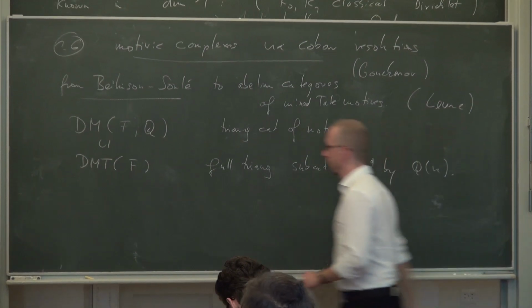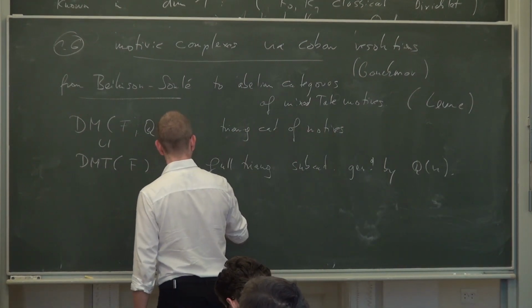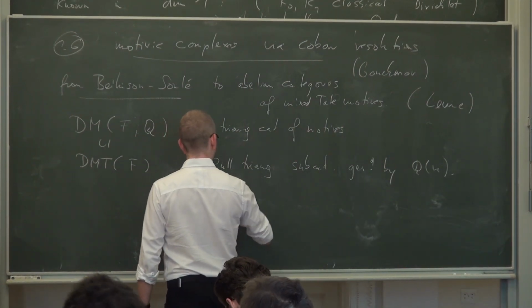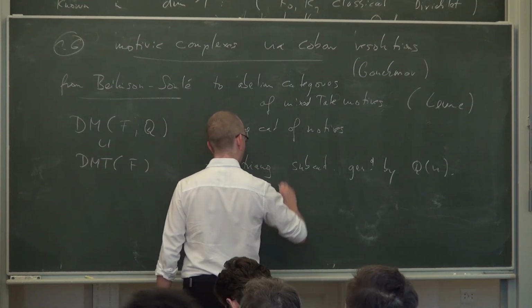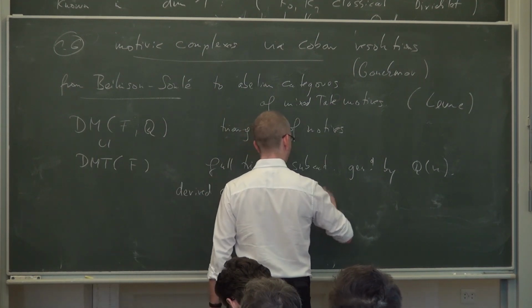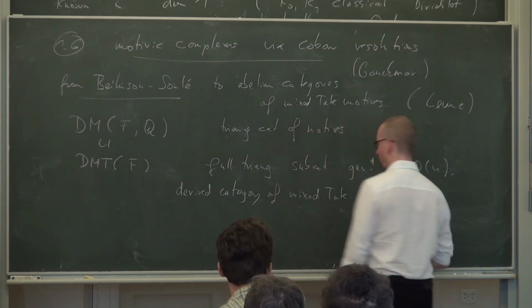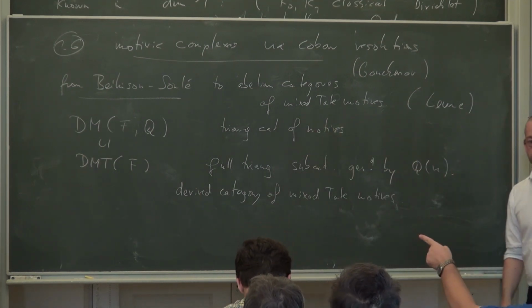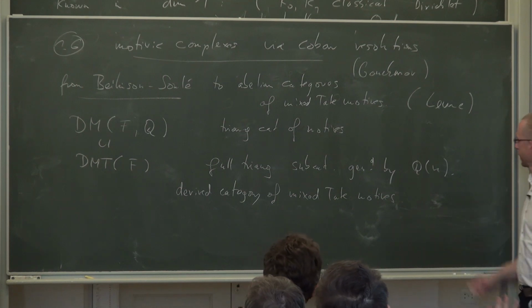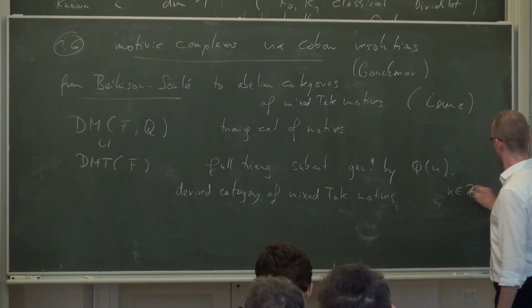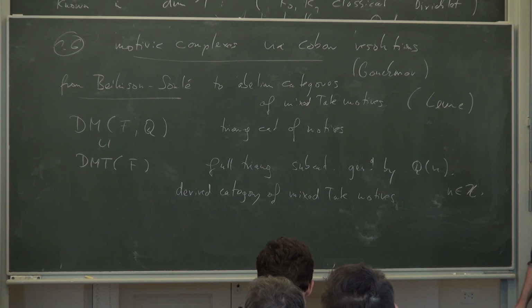So this would be a derived category of mixed Tate motives. Yes, n could be in the integers in particular.